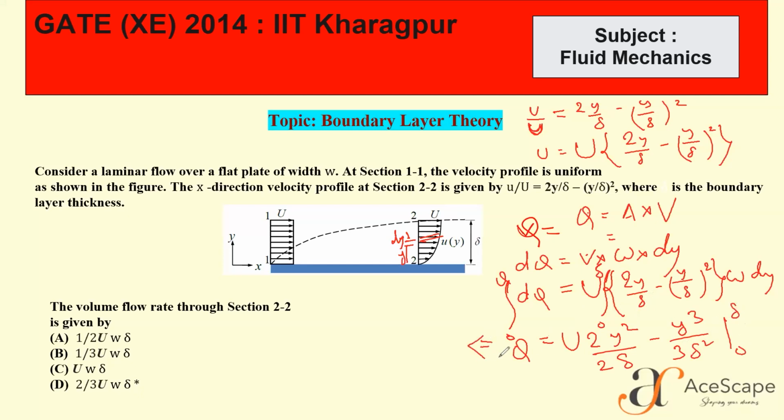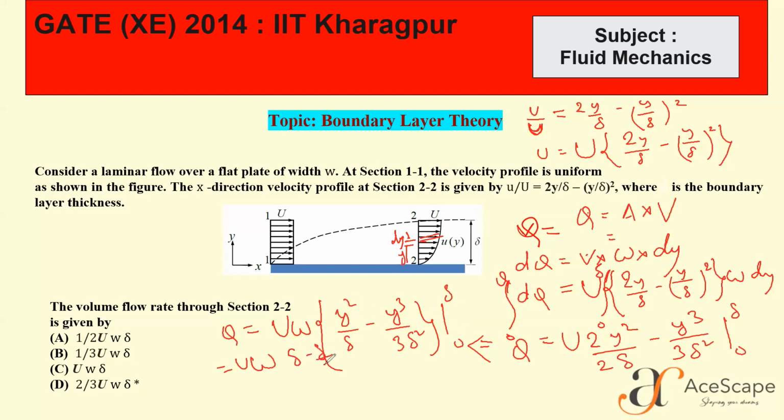When we solve this, Q is equal to U, and W comes outside since the integration part is nothing but y square by del minus y cube by 3 del square, limit 0 to del.